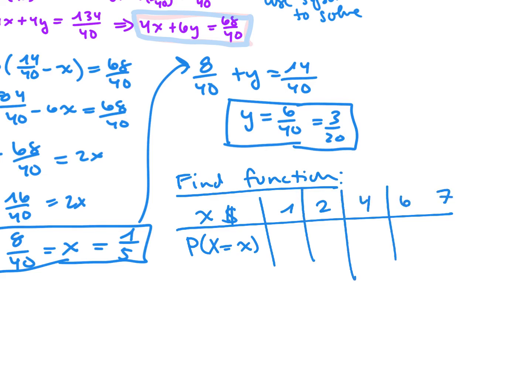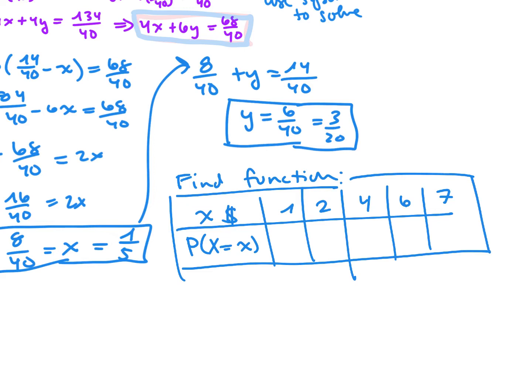Okay, so one thing you can do, it tells you that it's a linear function. So you could enter this into your lists and then find the regression. Oops, that's a 0.